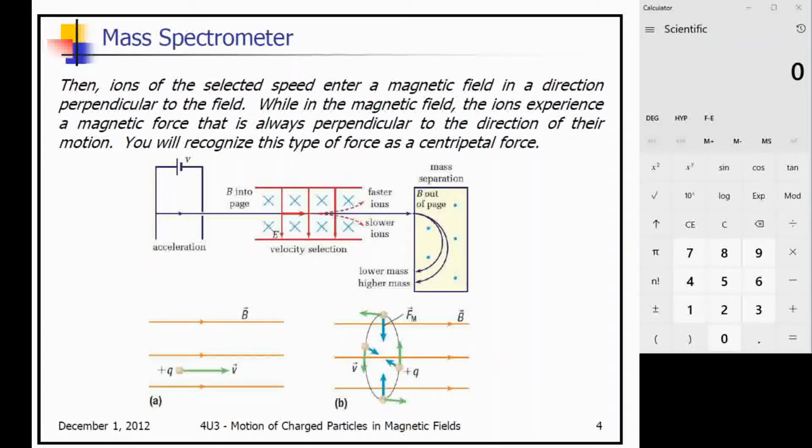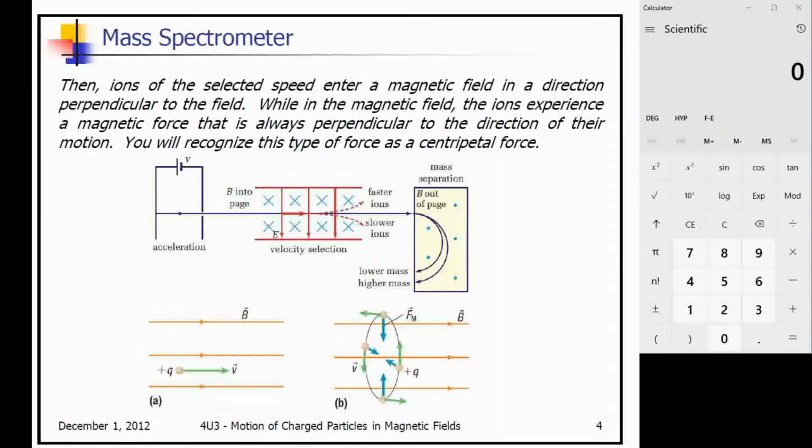Then ions of the selected speed enter another magnetic field, and this magnetic field will have some deflection. A lower mass particle will deflect less. A higher mass particle will deflect more. And you can notice that the deflection is circular, so there's a centripetal force that's causing this.